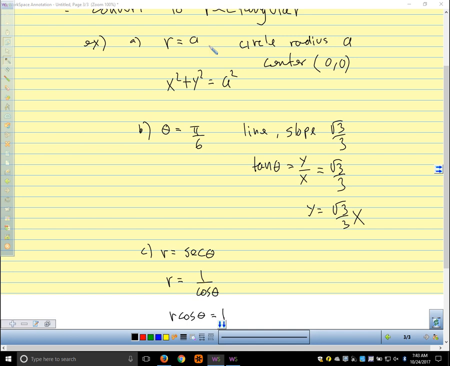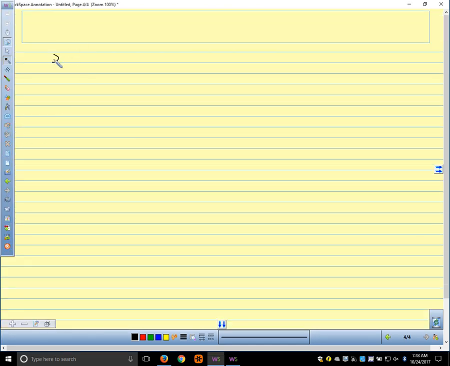All right, let's look at some other equations. This is where it gets interesting. r squared cosine theta sine theta equals 4. When we're converting these, we look for opportunities to pair r's with sine thetas and cosine thetas.